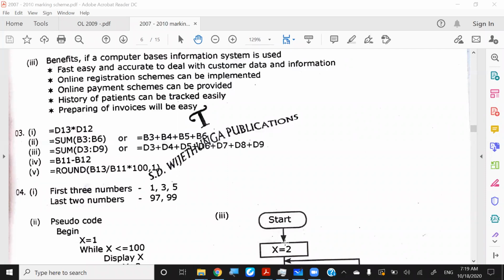To convert the money received from the children into rupees, we should multiply those two, and that multiplication should be written under the B6 cell. So it's going to be equal D13 star D12, or the other way around, equal D12 star D13.